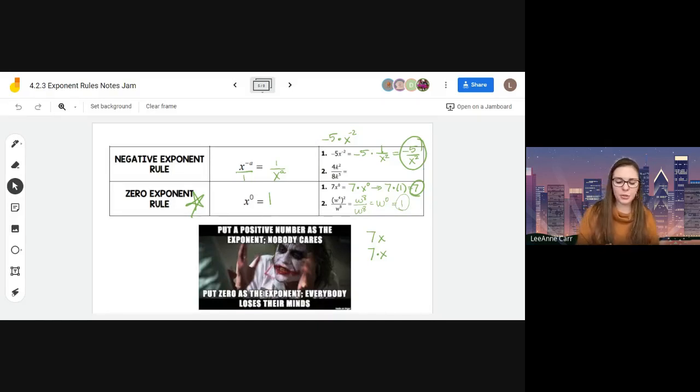All right, then let's try number 2. This one is a bonus rule 1. I see a fraction looking thing. So Zane, what rule do you think I'm going to use first? We have to use 2 rules. This is a twofer. What rule do you think we're going to use first in that example?